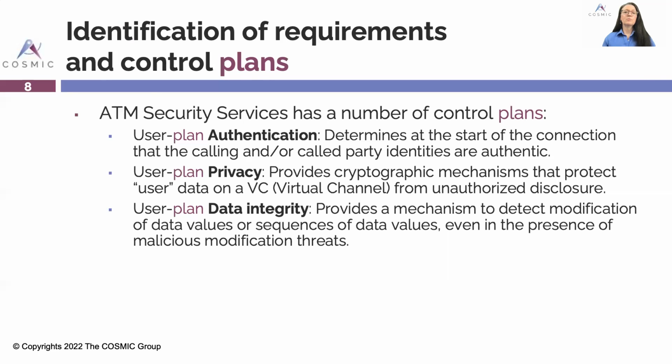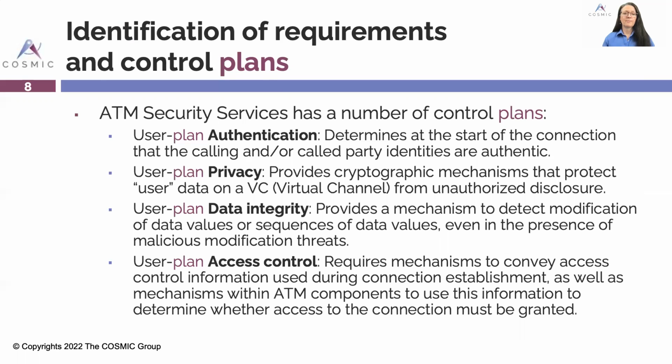Data integrity provides a mechanism to detect modification of data values or sequences of data values, even in the presence of malicious modification threats. And access control requires a mechanism to convey access control information used during connection establishment, as well as mechanisms within ATM components to use this information to determine whether access to the connection must be granted.